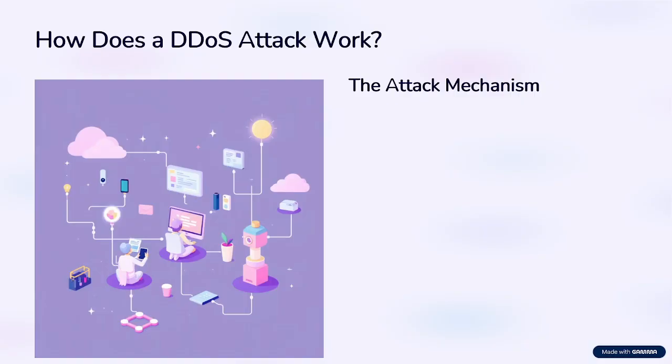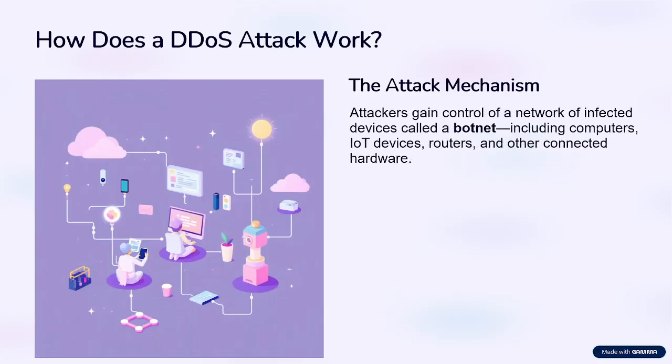Now let's see, how does a DDoS attack work? So how exactly does a DDoS attack unfold? Let's break down the attack mechanism. It all begins with attackers gaining control of a vast network of infected devices, collectively known as a botnet.